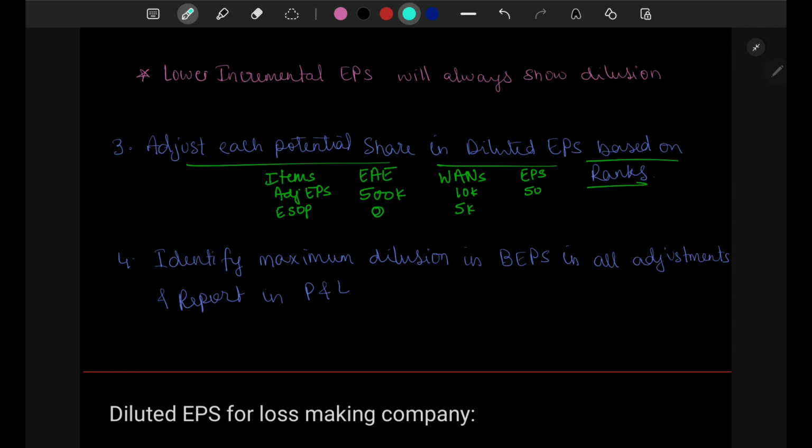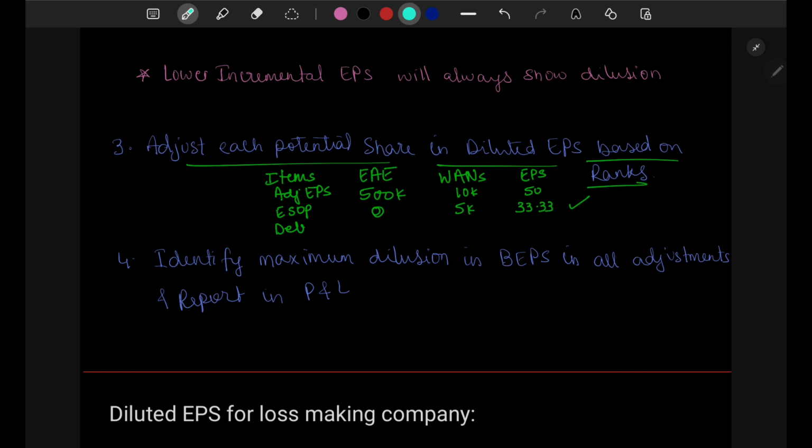So here you just have to add these two: 5 lakh divided by the sum of these two, which is 15,000. So there's a dilution, right? Over here the EPS is coming down from 50 to 33.33, so this is diluted. Next we'll bring in the debentures.